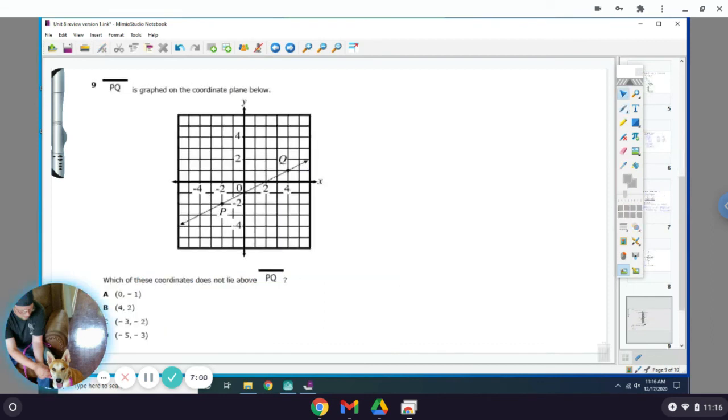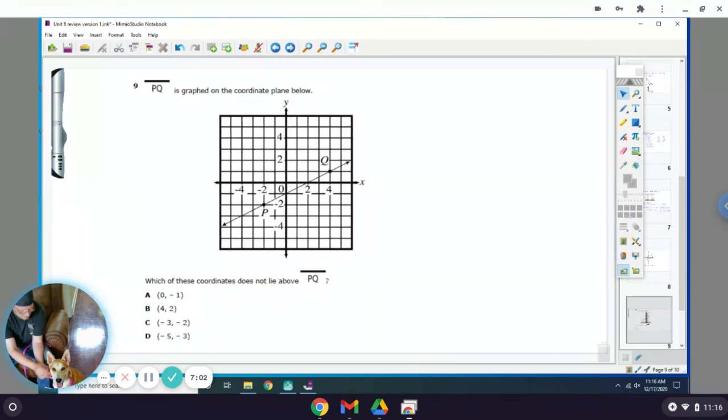All right, number 9. Line PQ is graphed on the coordinate plane below. Which of the following coordinates does not lie on PQ? So A is 0, -1, which is right here. That's actually on the line. B is 4, 2, which is right here. So B is most likely the answer, but let's disprove C and D. C is -3, -2. Right there.